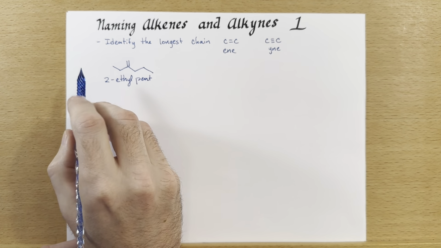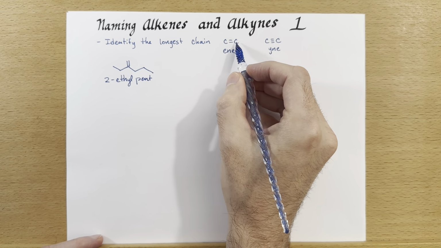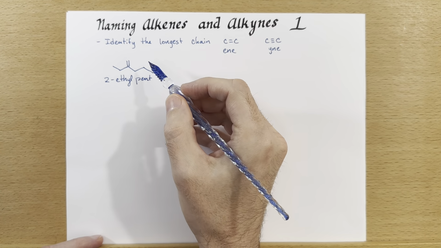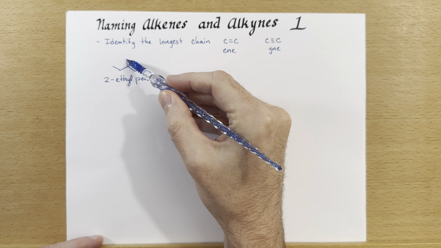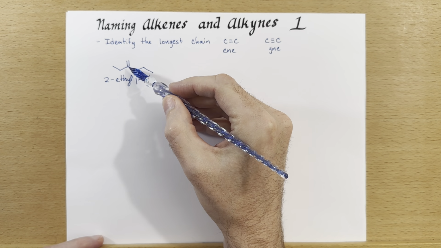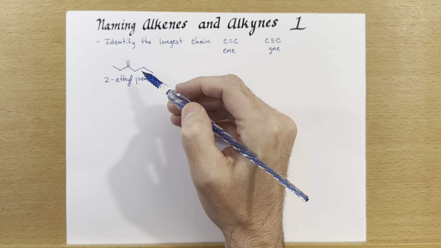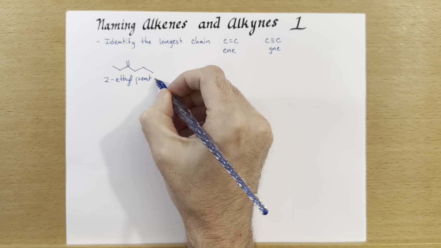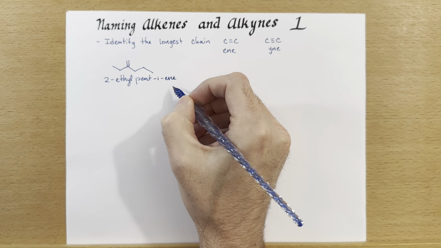And then for numbering the position of an alkene or an alkyne, either one, we go with the lowest number possible. So we're going to say this is the number 1 carbon, that's the number 2 carbon. And so how do you identify where the double bond is? Well, we go with the lower of those two numbers, which is 1. So pent-1-ene.